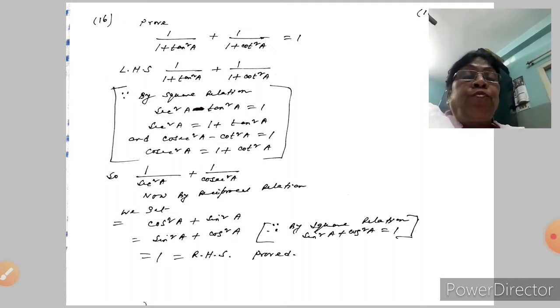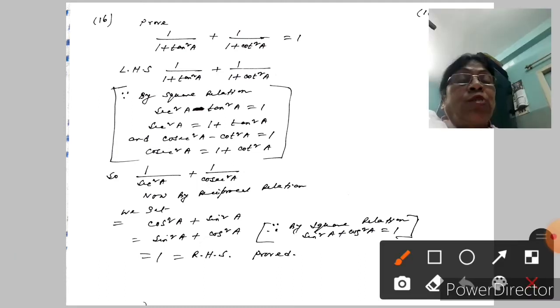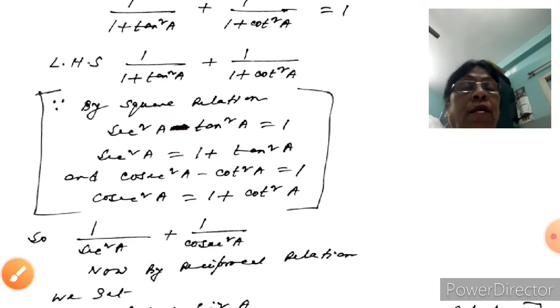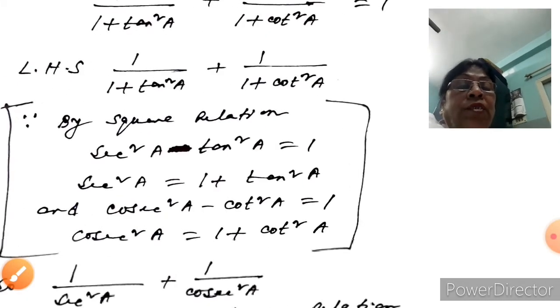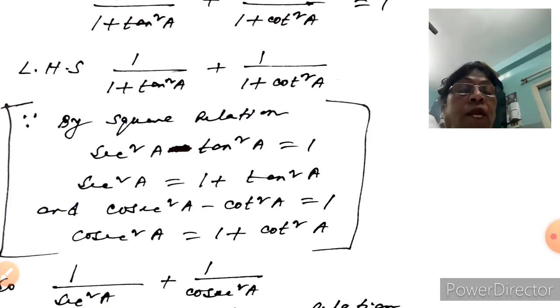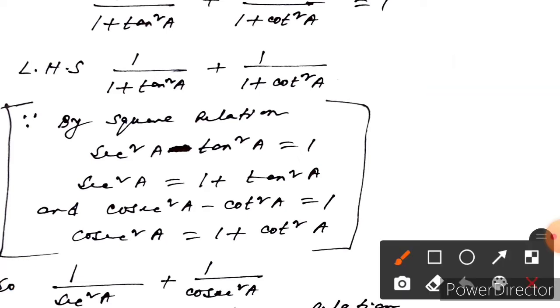We have to prove this. The left hand side first we take, and by square relation we know sec square a minus tan square a is equal to 1. So, sec square a is equal to 1 plus tan square a, and cosec square a minus cot square a is equal to 1, cosec square a is equal to 1 plus cot square a.